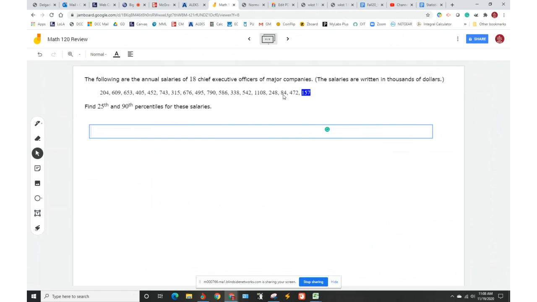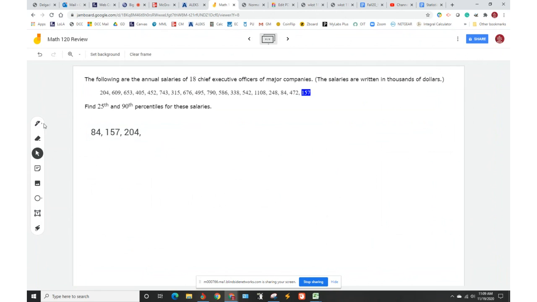84. And then it looks like the next value is 157, the one that's blued out. And then the next one is 204. So let me go ahead and strike those out.